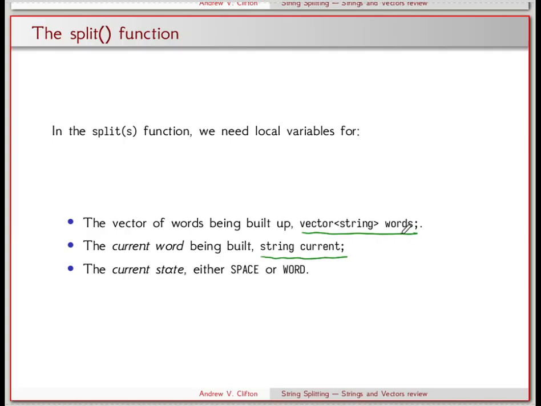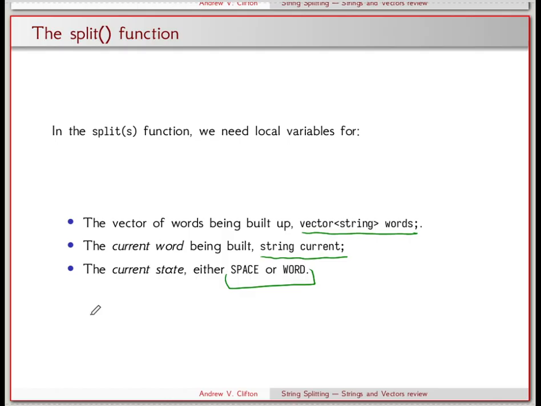I can't add characters onto a word, building it up character by character, without having a string representing that. And then finally, I need a variable that tells me what state I'm in, right? My state can change as I scan through the string. So I need a variable to keep track of the current state.